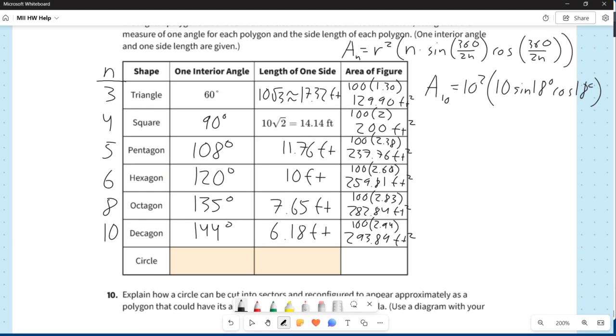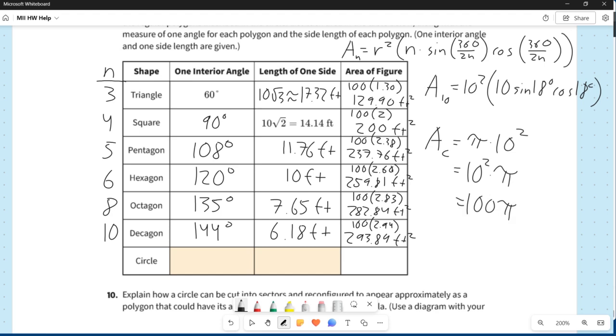If we wrap this up with the circle, we know that the area of a circle is simply pi times 10 squared. Now, notice there's really nothing preventing me from changing the order here. So I could say r squared times pi. So I could just say 10 squared times pi. And notice that 10 squared is 100.